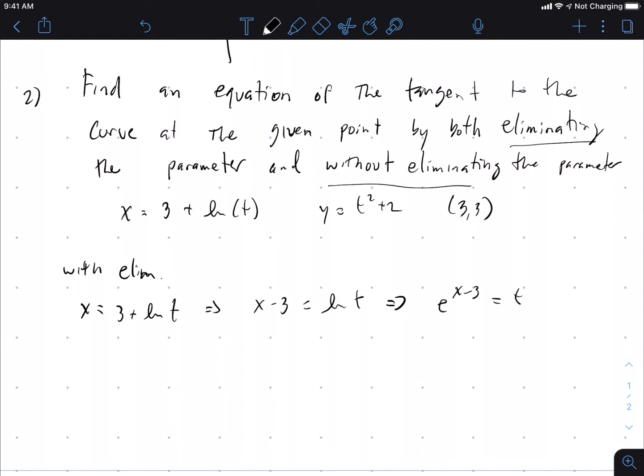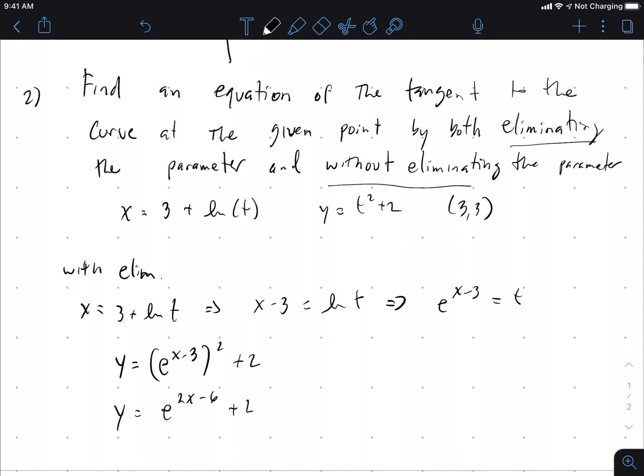So then from here, our y, right? Because we have the y equation over here. Now we know what t is, so we can go y is equal to e to the x minus 3 squared plus 2. Okay? So that is e to the 2x minus 6 plus 2.